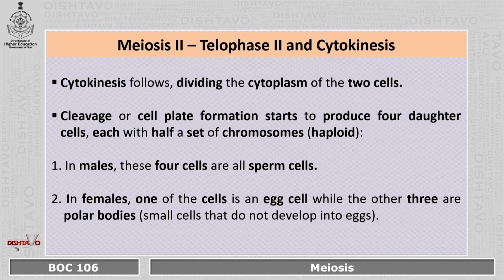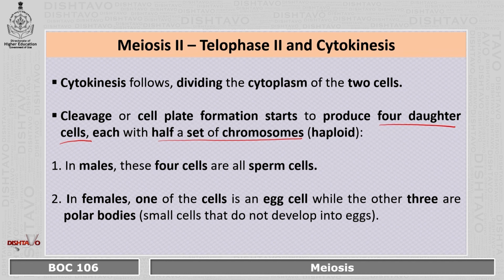Cytokinesis means division of the cytoplasm into two cells. Cleavage or cell plate formation starts to produce four daughter cells, each with half a set of chromosomes, which are haploid.